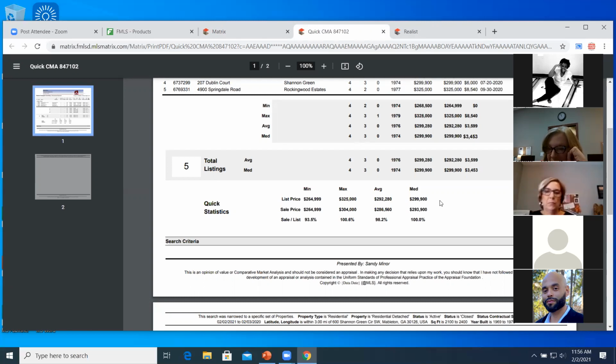Now, if the house doesn't have the updates or has some real deficiencies, then we're going to start looking at this minimum down here and say, okay, well, it's not as good as the 264.9. The other reason I keep the 264.9 is because I don't know what the house looks like. I do, since we've seen pictures, but if I've never been there, pictures can be deceiving as well, right?